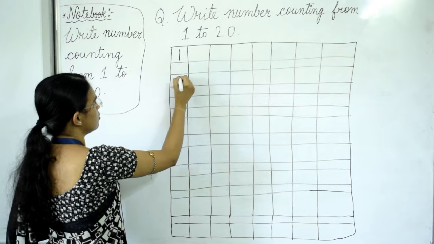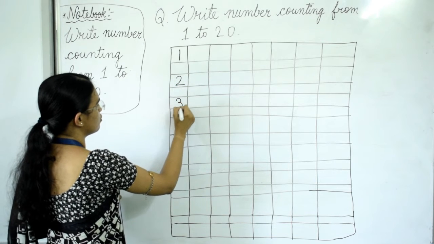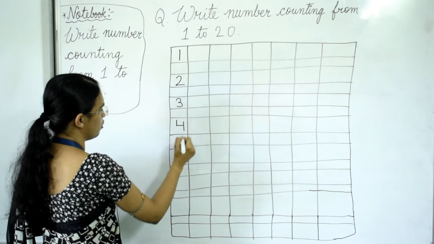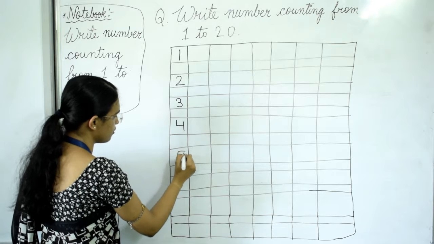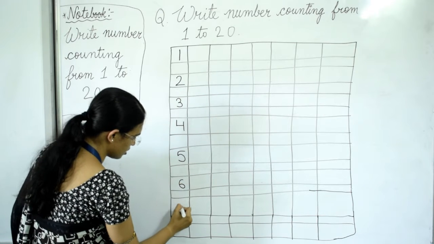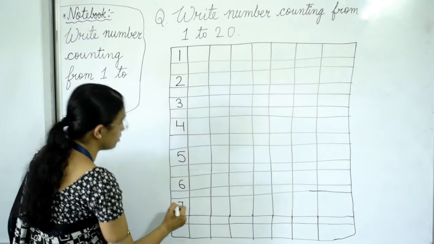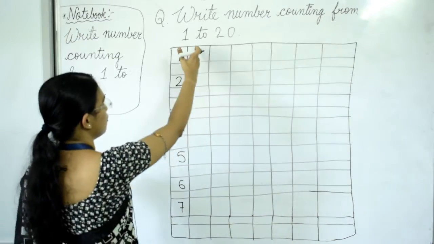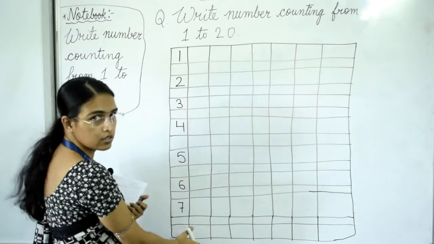1, 2, 3, 4, 5, 6, 7. Then leave one box, leave one line.